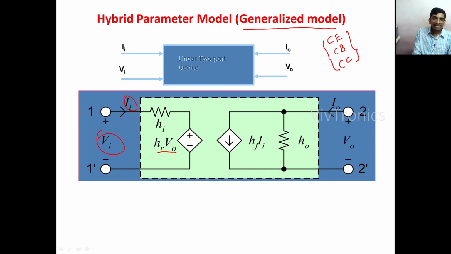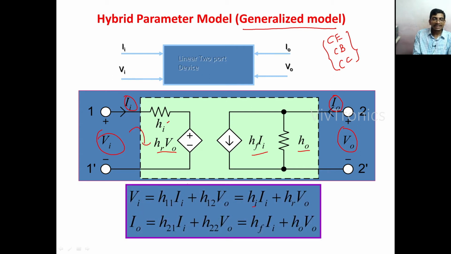So we are giving it as Hr into V0 and Hi at the input side, and Hf into Ii and H0 at the output side, where I0 is the output current and V0 is the output voltage.